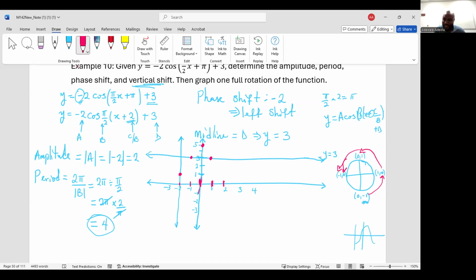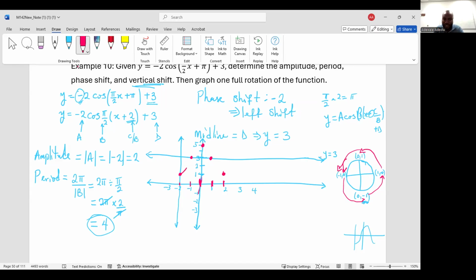And finally, I will move on to here. So at this point, I will be back to the least. 1, 2, 3, 4. So I move from here, move to 0, move to the highest point, then back to 0, then to the least point.